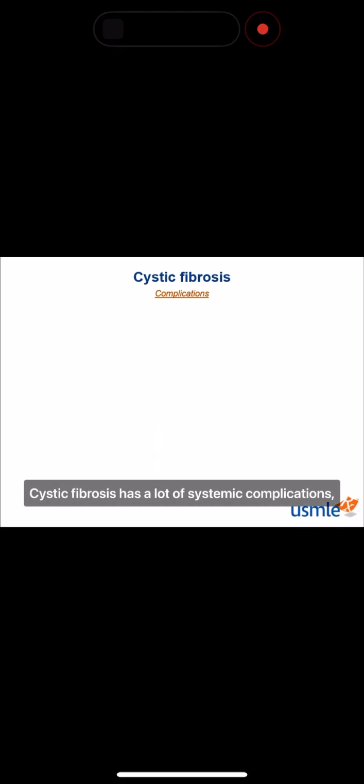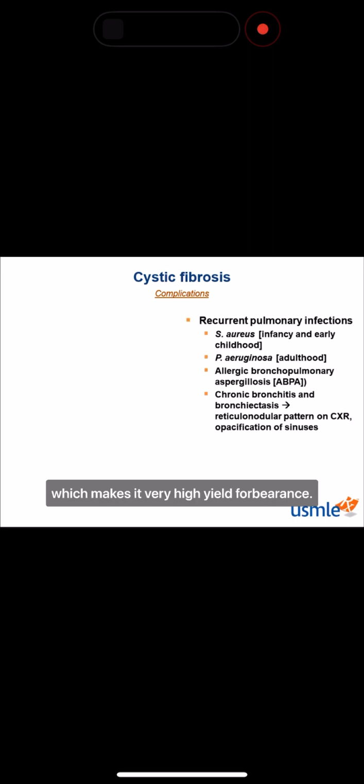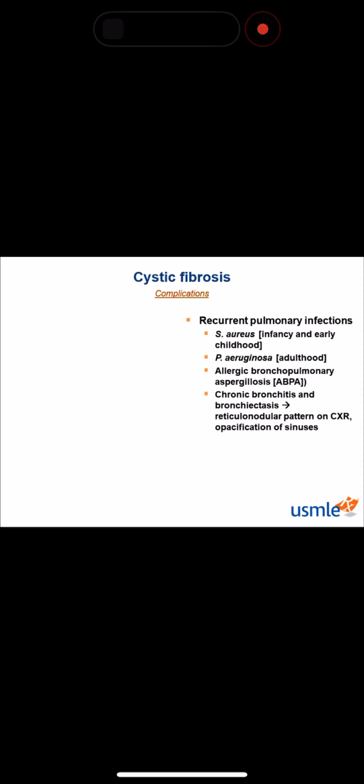Cystic fibrosis has a lot of systemic complications, which makes it very high yield for boards. Patients often have recurrent pulmonary infections, first with Staph aureus in their earlier years, followed by Pseudomonas aeruginosa in adulthood, as well as allergic bronchopulmonary aspergillosis.